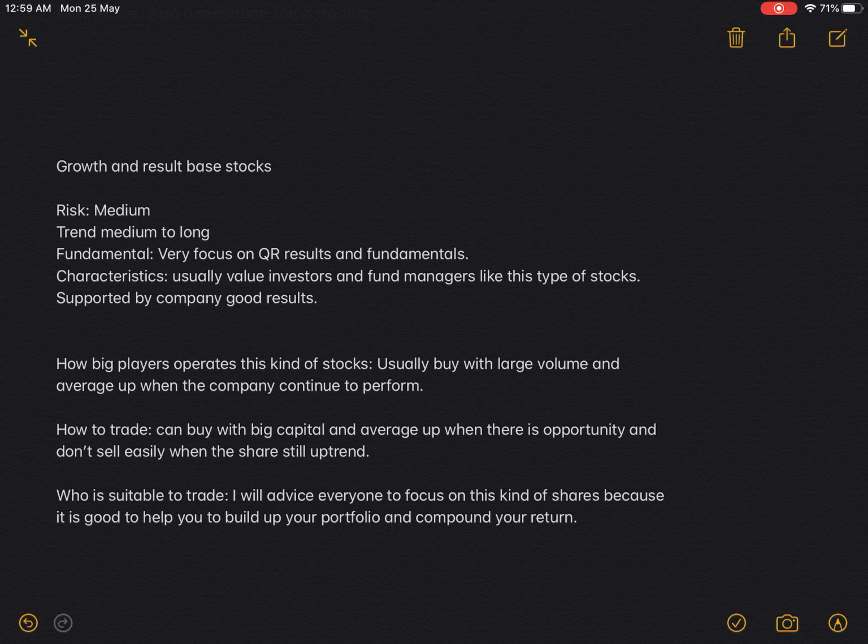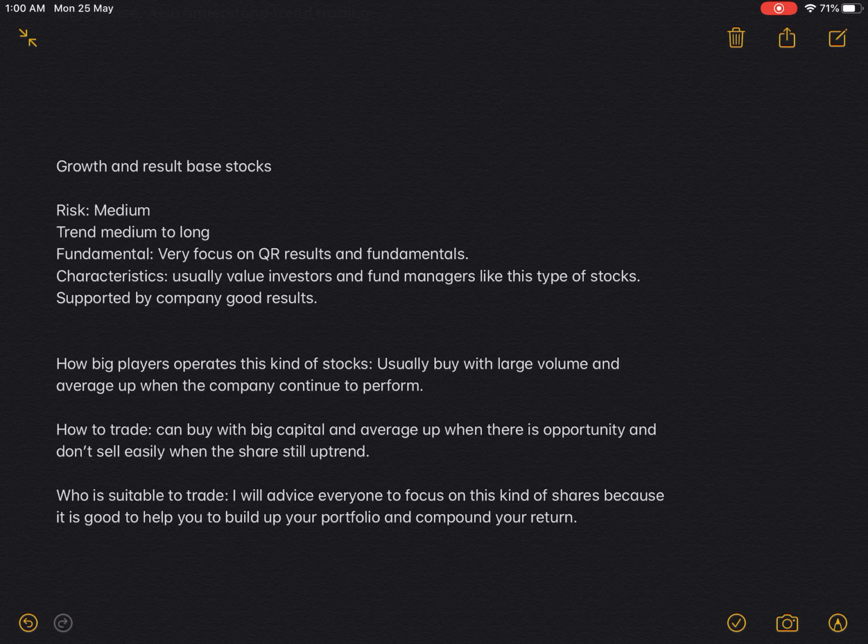These are the stocks that value investors or fund managers will usually invest in. These are supported by company group results and it is very solid. So how do the big players operate these kinds of stocks? When they find an opportunity like this, they will size up their position. They will go in with large volume and they will average up when the company keeps on performing.